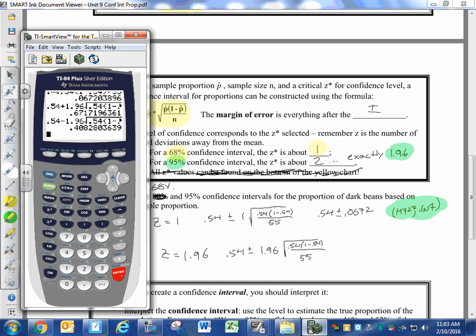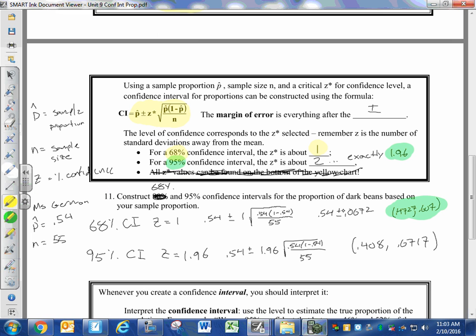Okay? Any questions? Anybody need help with these calculations? All right, so we got 0.408 and 0.6717. Now notice, this is larger than this up here.